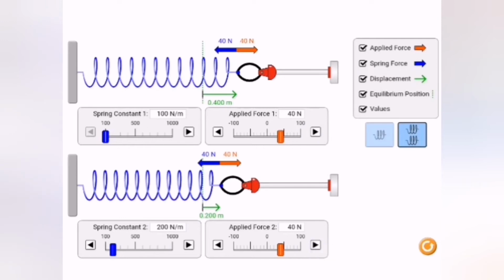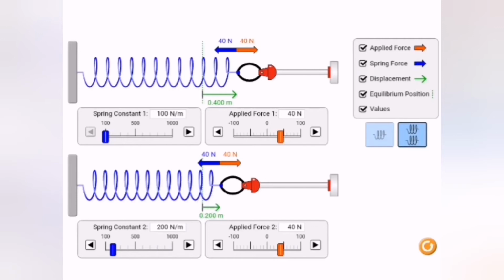100 Newton per meter spring constant will get 0.400 meter displacement, this one, and 200 Newton per meter spring constant will get 0.200 meter displacement, this one.